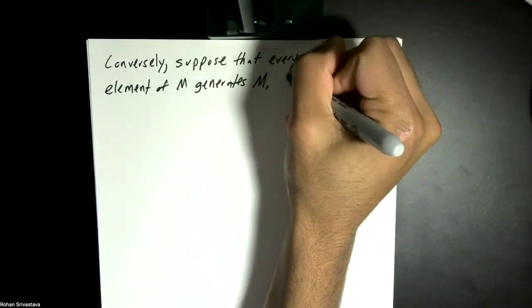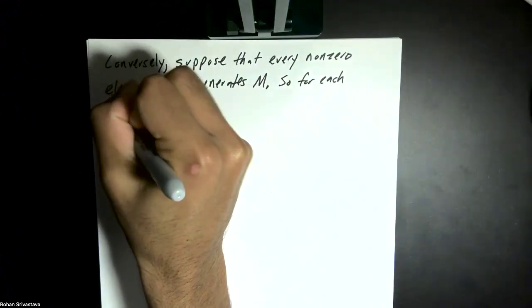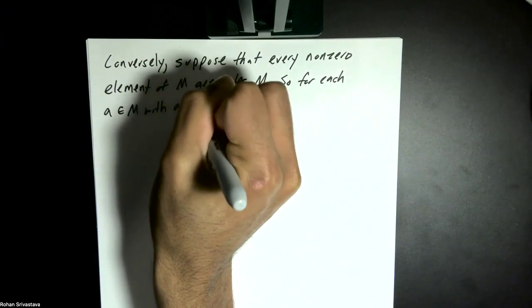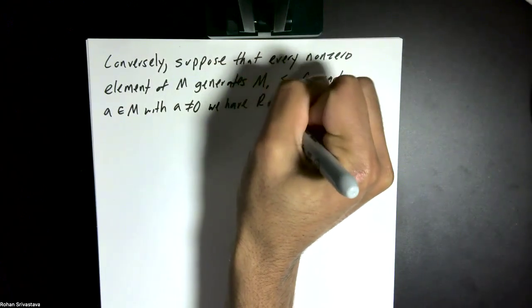Well, okay, what does this mean? So for each A in M with A not zero, we have RA equals M.